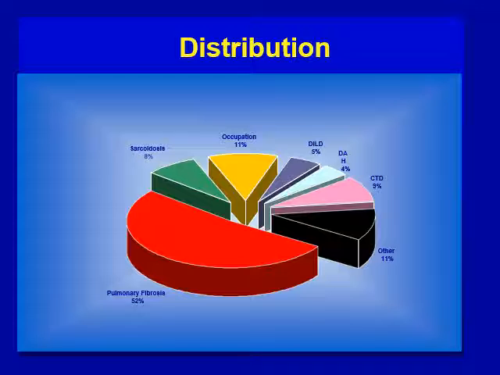So we come to the distribution of interstitial lung disease. I see the commonest one is idiopathic pulmonary fibrosis. The others could be occupational, like asbestosis and chemicals. Sarcoidosis in our country is not common. In European countries it is more common, especially in Northern Europe. But in our country, the incidence is less than 1%.